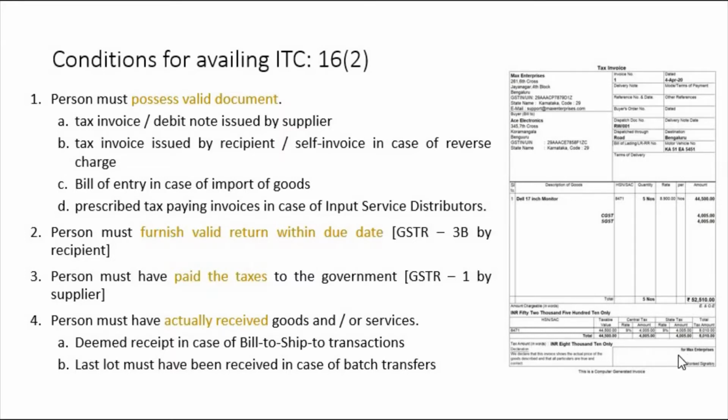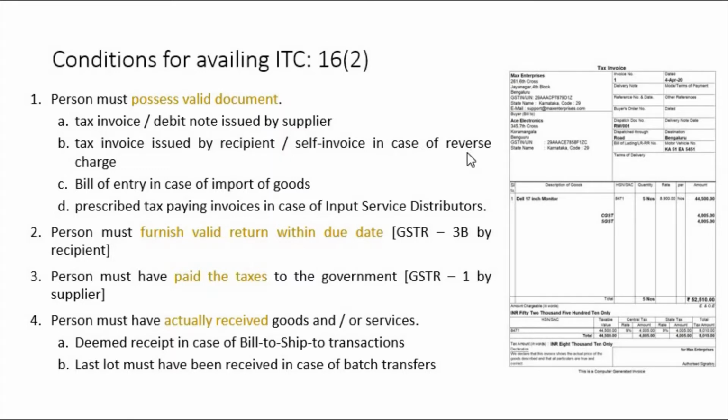Authorized signatory's signature is not there, but because this is a computer generated invoice, after getting a print of this invoice, the seller will seal this, right? So this is the standard invoice for forward charges, right? Standard invoice is required.